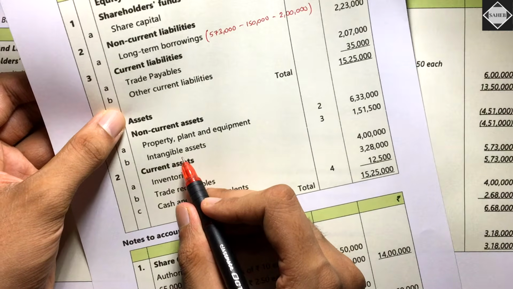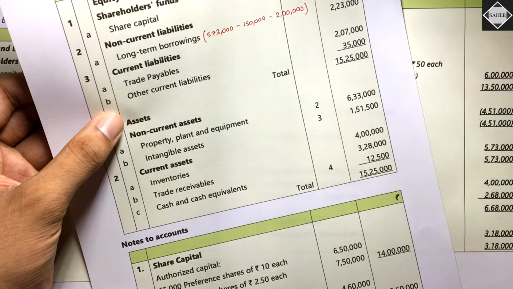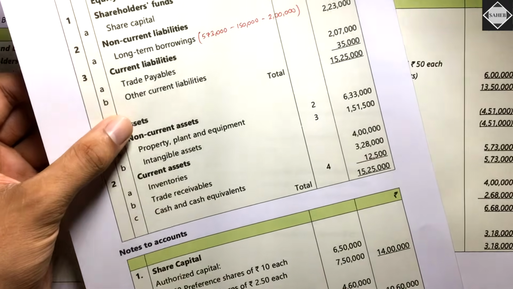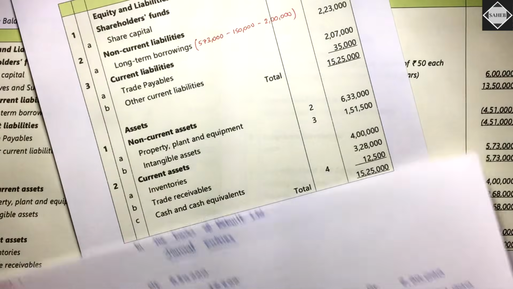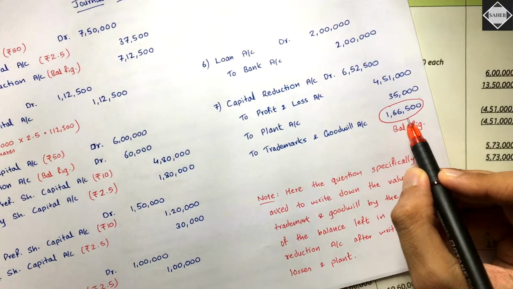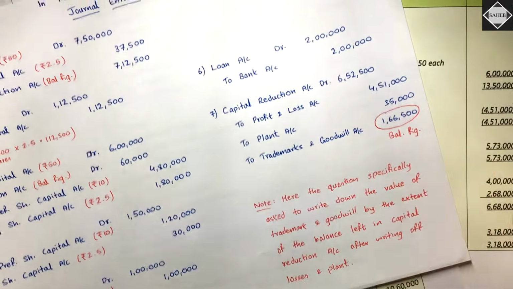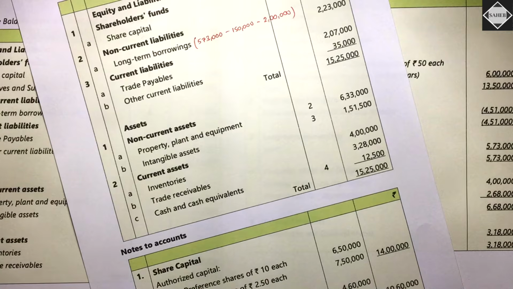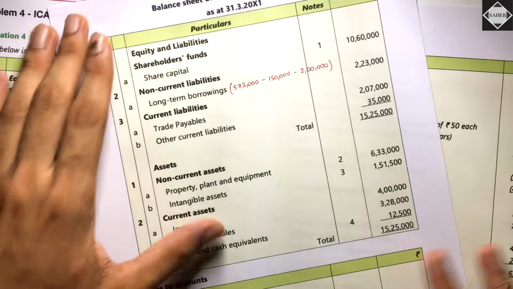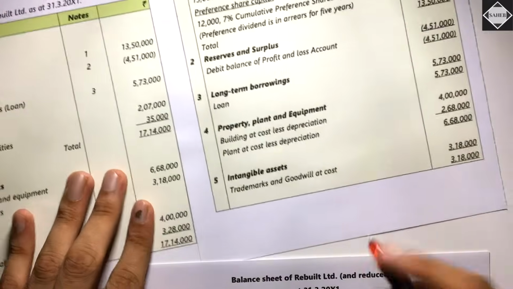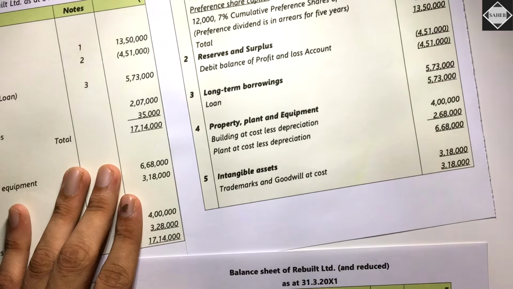And then in intangible assets, what has happened? Have we written off the intangible assets completely? No. What have we done? We have just reduced that balancing amount, right? We have just reduced the trademarks and goodwill by 1,66,500. So that's what we are going to consider over here. See, trademarks and goodwill in the question were how much? In the question they were 3,18,000.